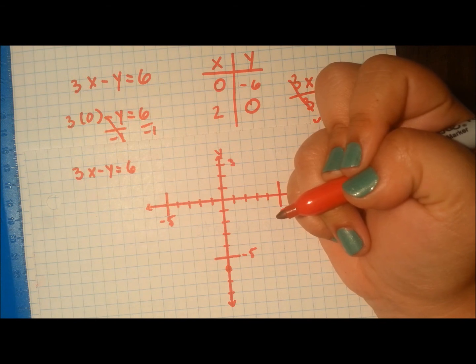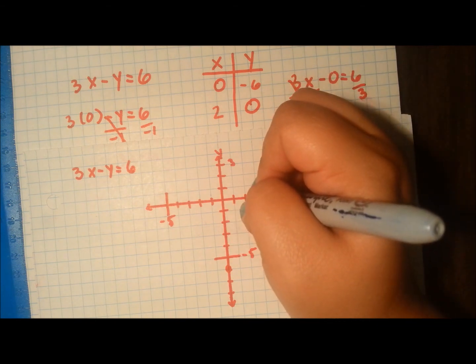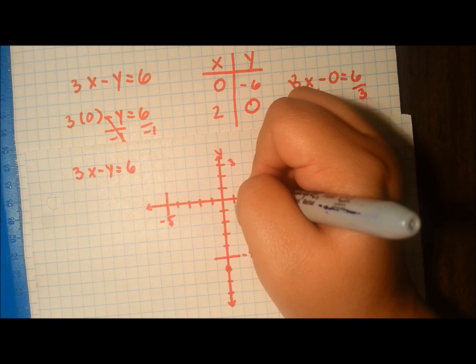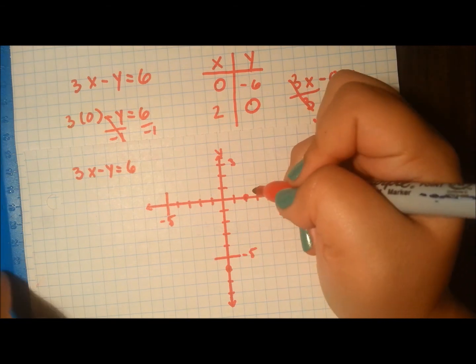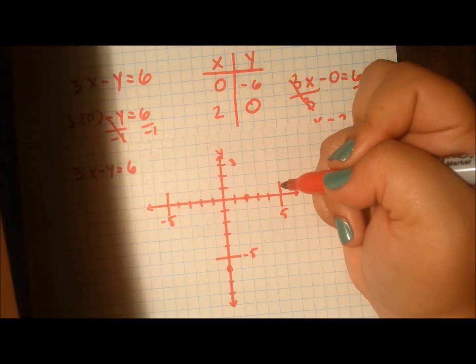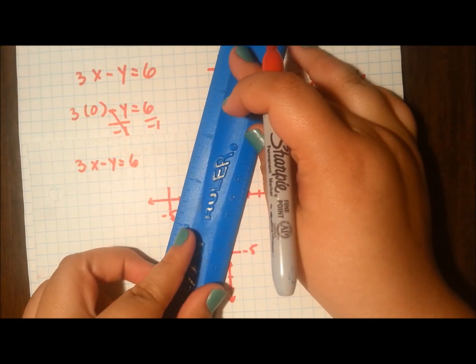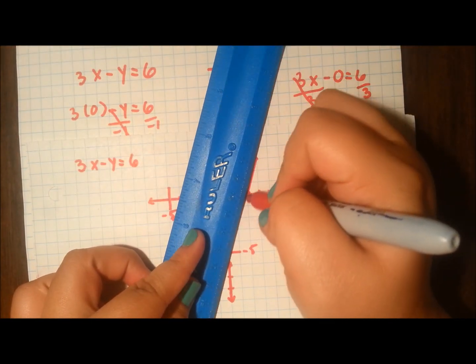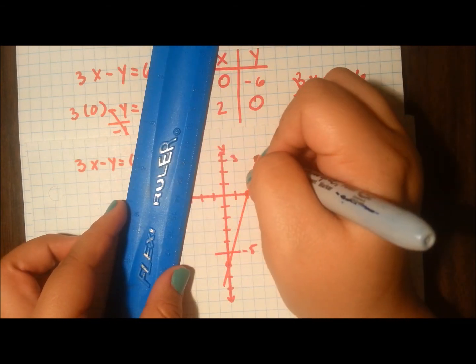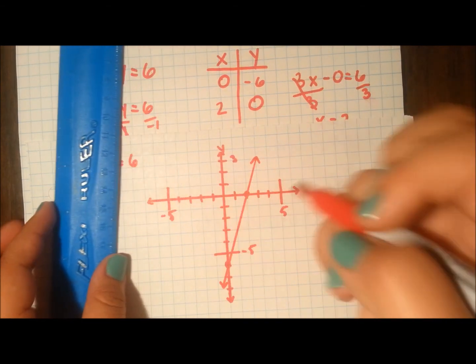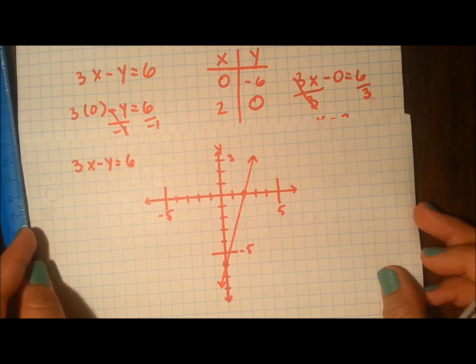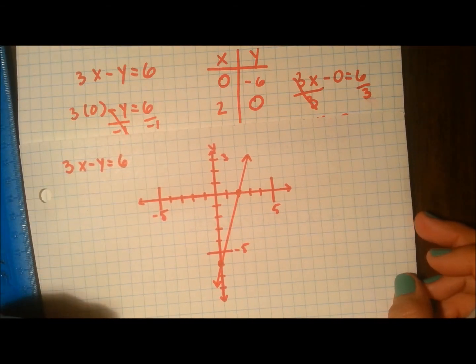And when x is 2, you're at 0. And so those are your 2 points. You would take your ruler and you would draw your line. And that's how you graph with your x and your y intercepts.